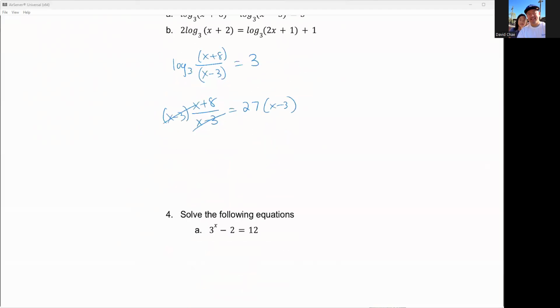It becomes x plus 8 equals 27x minus 81. Subtract the x, add the 81. It would be 89 equals 26x. Divide both sides by 26. x equals 89 over 26, which is about 3.4.